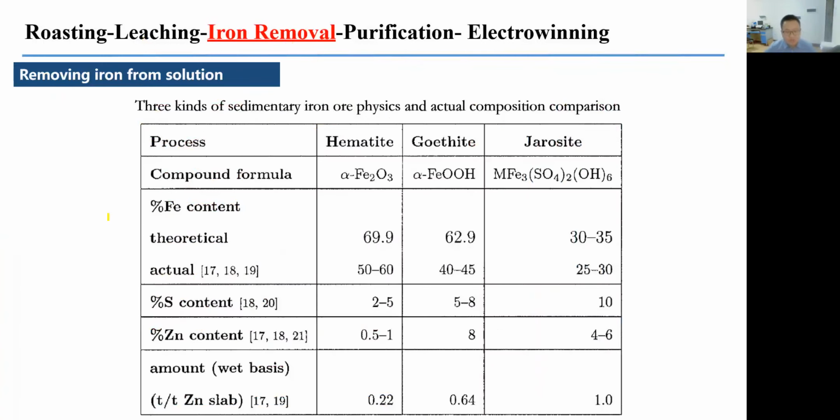And as we mentioned, we can prepare iron precipitate in the form of hematite, goethite, or jarosite. They have different chemical formulas, and the iron content is different. If we are preparing hematite, 70% of the product is iron.